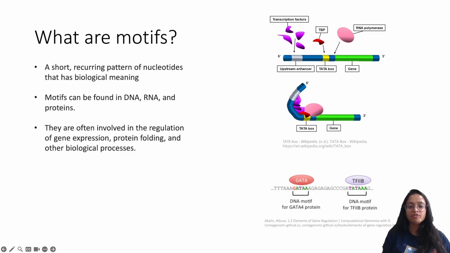Motifs have also been found to be involved in protein folding. So for example, the helix-turn-helix motif is a motif that is found in many proteins that bind to the DNA. And lastly, motifs are also found to be involved in protein-protein interactions. There are specific motifs that are found in proteins that interact with other proteins, and basically these motifs help to mediate the binding of these proteins.